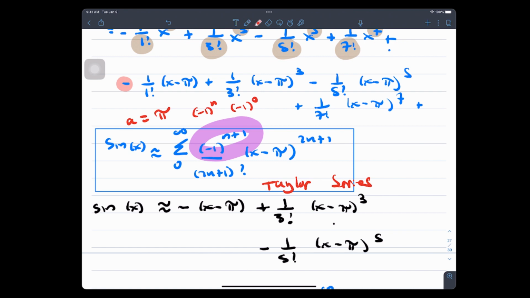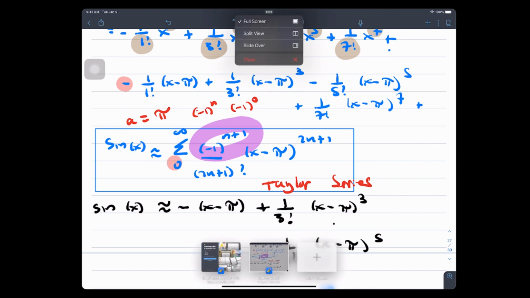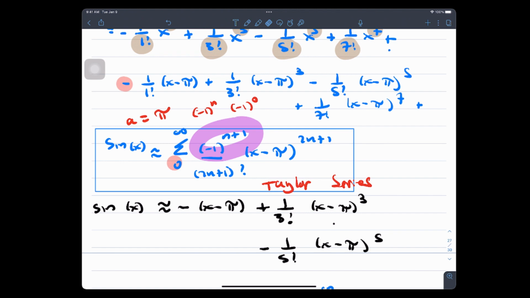Remember, this is your n value. So how you start with a -1, there's really two ways: you change this to be +1, or you could do n minus 1. I choose +1. I keep it simpler in that way. So how you change it is by adding 1 to that power. And now you're going to start with a negative when n is 0. And that's why the change was right in here.